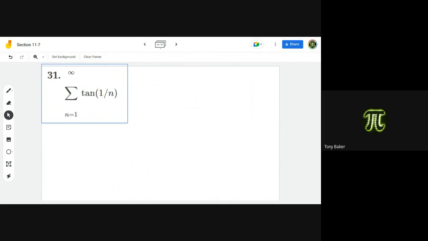Comparing it to what? Okay. So my a_n is tangent of 1 over n. And my b_n that I'm comparing it to is what? The 1 over n. Okay.